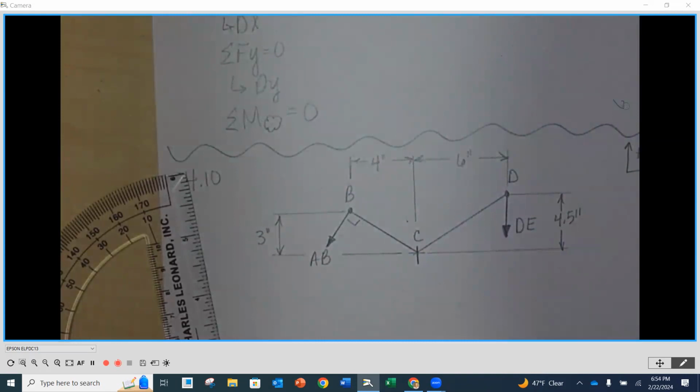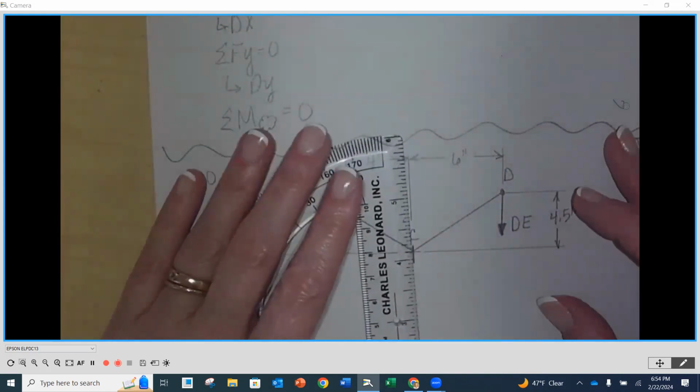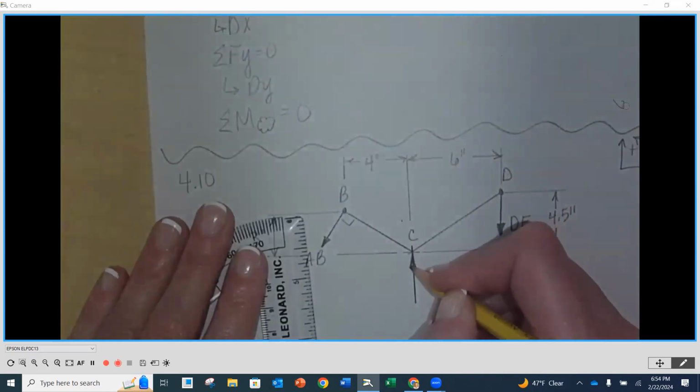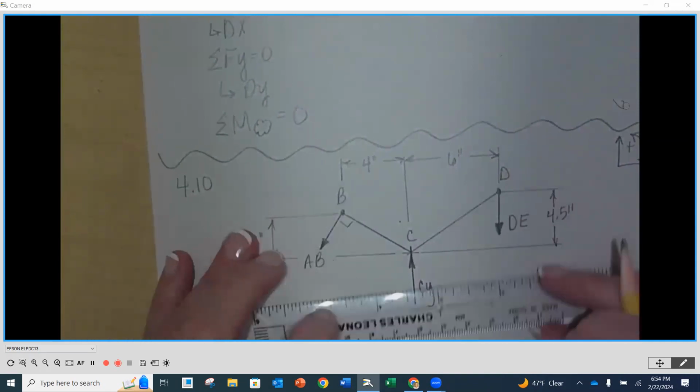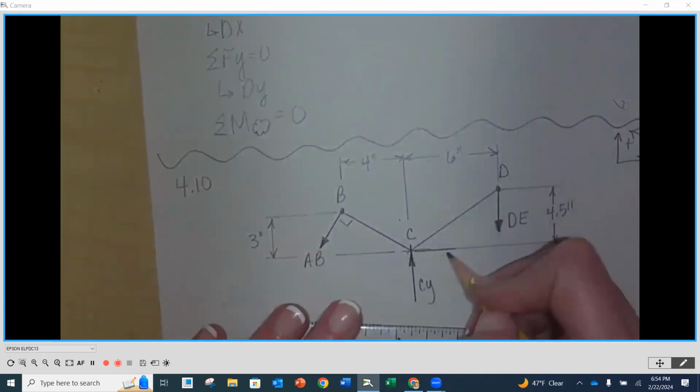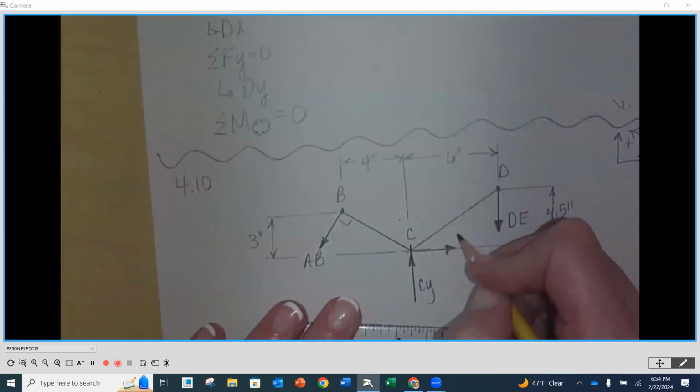Now, any questions so far on this? Reactions at C. C is a pin, so it's going to have an X and a Y, right? So I'm going to show my CY. And I'm just going to take a stab and put CX going to the right.